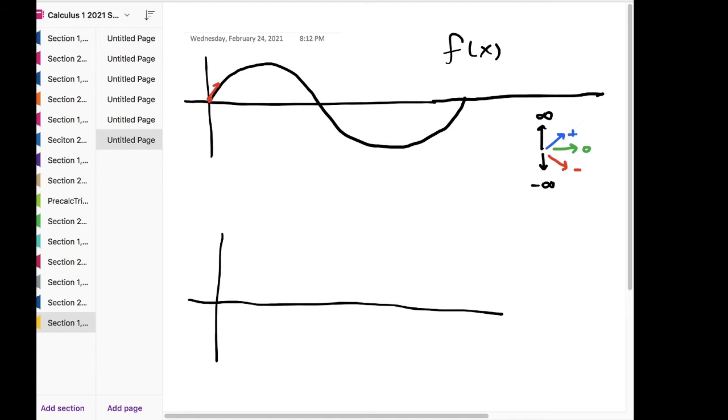Tell me the points where the derivative is 0. So I'm going to mark these by numbers. Where is the derivative 0?